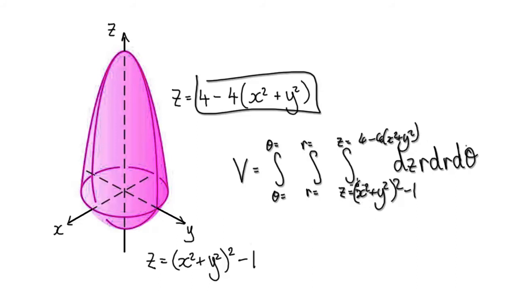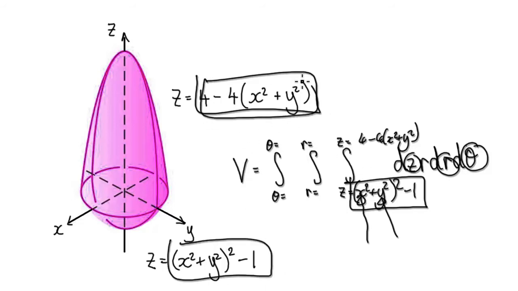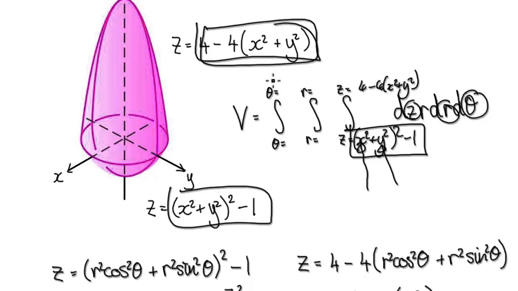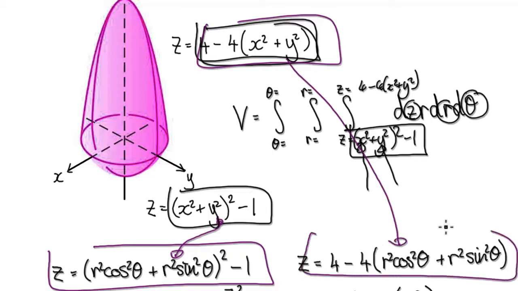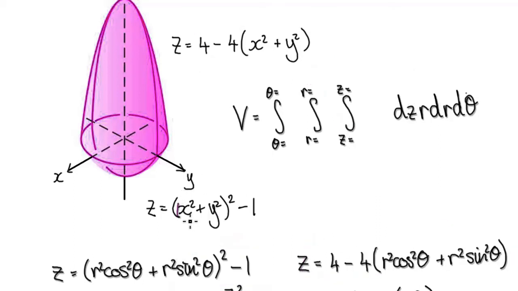But the thing is, we need everything in terms of theta, r and z. We can't really work in terms of x and y. So we need to convert these two surfaces into cylindrical coordinates. Remember in cylindrical coordinates, x equals r cos theta and y equals r sin theta.